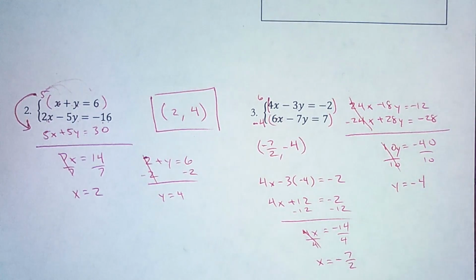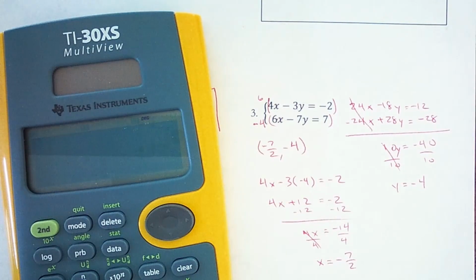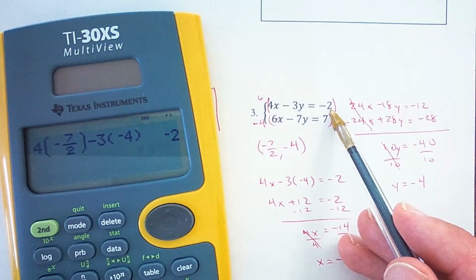Okay, now, of course, I should check this. And for this one, I will pull out a calculator just to make it a little bit easier. So 4 times negative 7 halves minus 3 times negative 4 is negative 2, just like it's supposed to be.